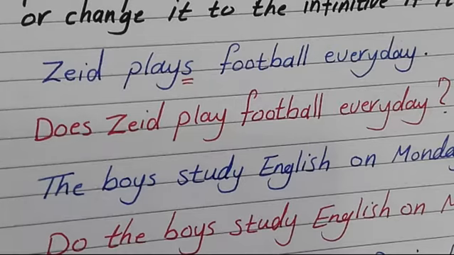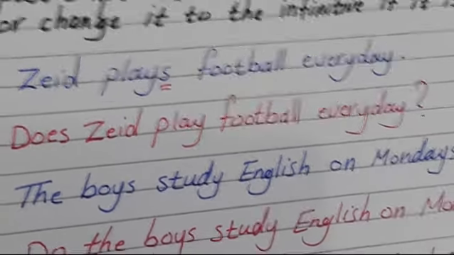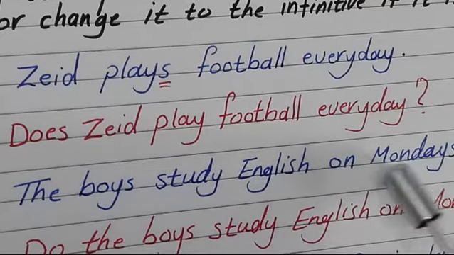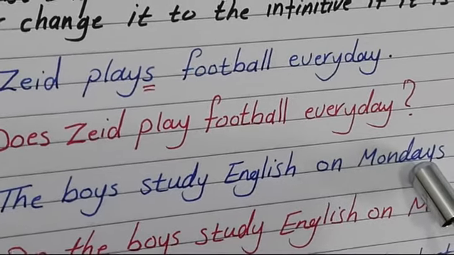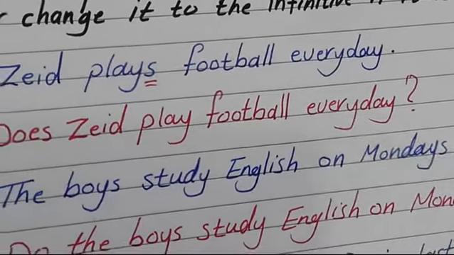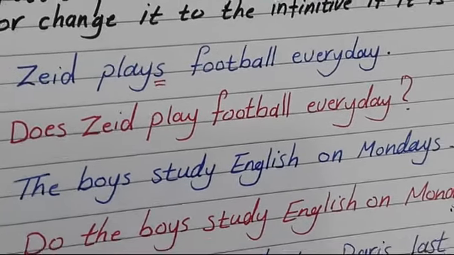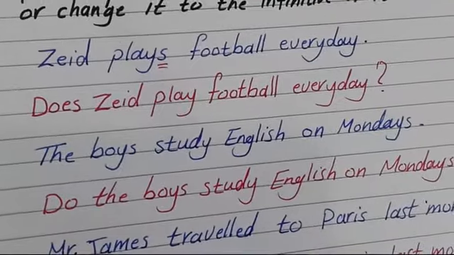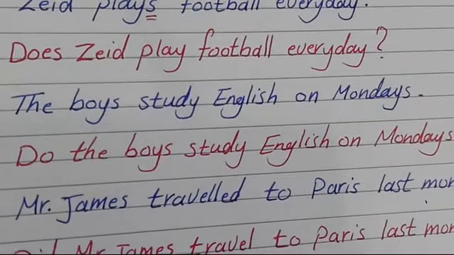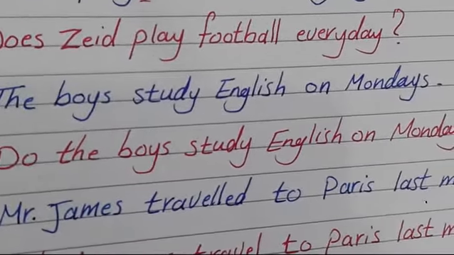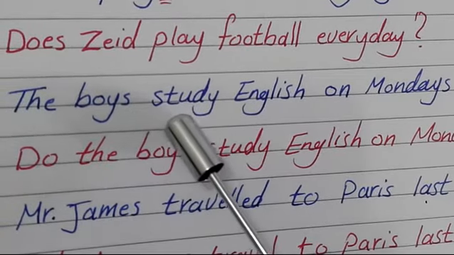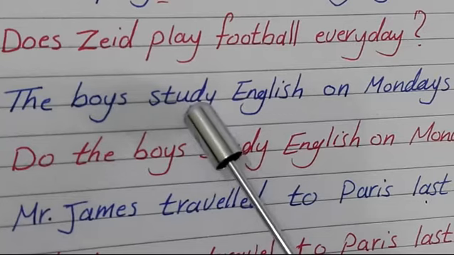The second example is the boys study English on Mondays. الأولاد يدرسون اللغة الإنجليزية في أيام الاثنين. Okay, how do I make a question from such a sentence? Now, the sentence is in the present simple. How do you know that?